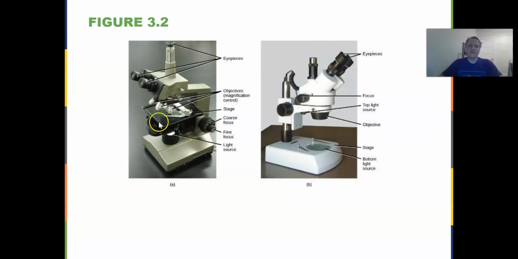So here are two different kinds of light microscopes. This one on the left is very similar to the ones that you guys have at home. It's got your eyepieces, which I've been calling oculars. It's got your objectives, your stage clip, your coarse focus, your fine focus, your light source.